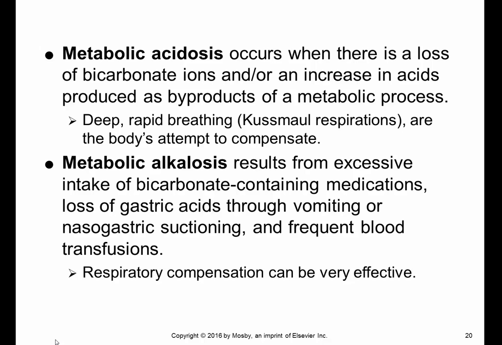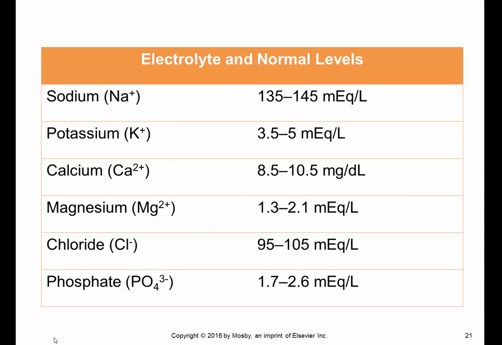Metabolic alkalosis occurs when there's an excessive intake of bicarbonates, and that can be medications, loss of gastric acids, nasogastric suctioning, and possibly frequent blood transfusion. The respiratory system compensates for this by holding on to CO2, slowing our respiratory rate down so that we blow less CO2 off.